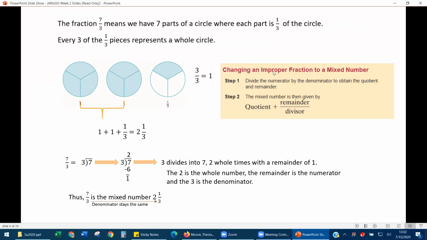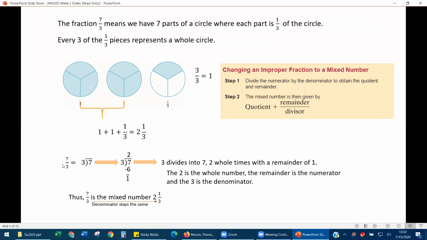So an improper fraction can be changed to a mixed number by division. We divide the numerator by the denominator, or you can think of it as dividing the denominator into the numerator. Do our subtraction, and then the remainder becomes the numerator of the fractional portion of our mixed number.